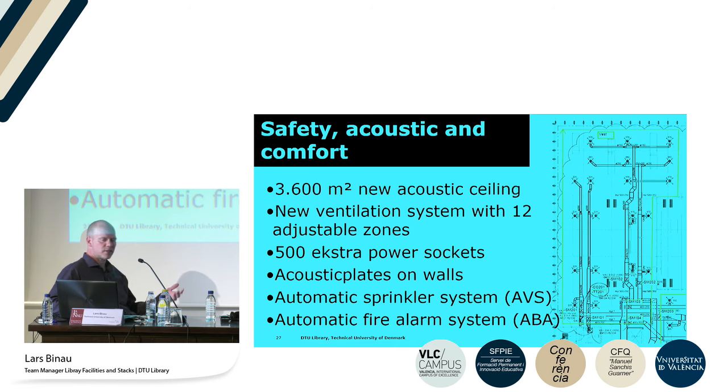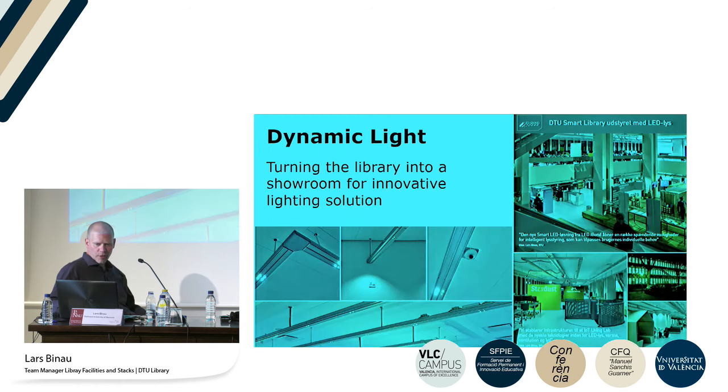So it can detect from temperature and the CO2 level in the room if ventilation is needed, and the amount that is needed. A lot of extra power sockets, you probably all heard that the students wanted. And then of course, sprinkler system, fire alarm systems, all that for safety.